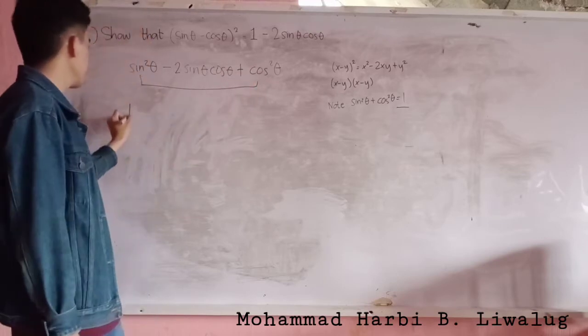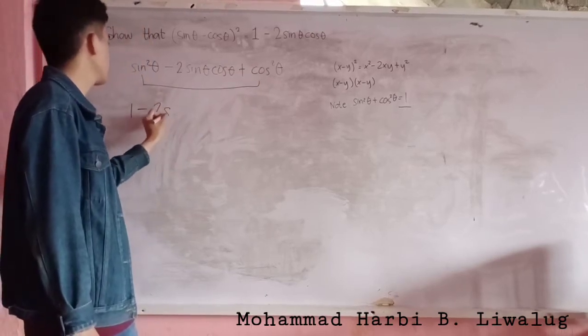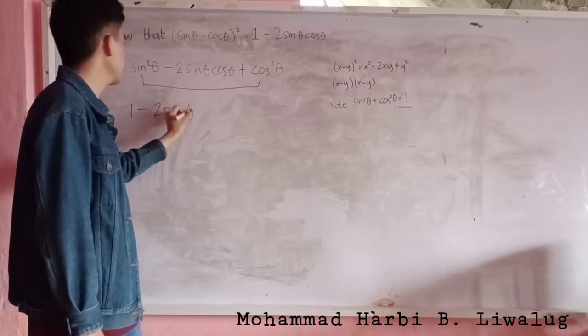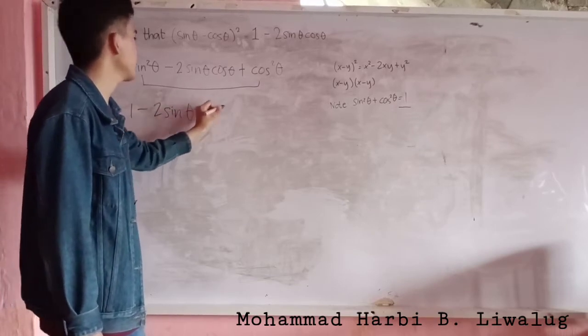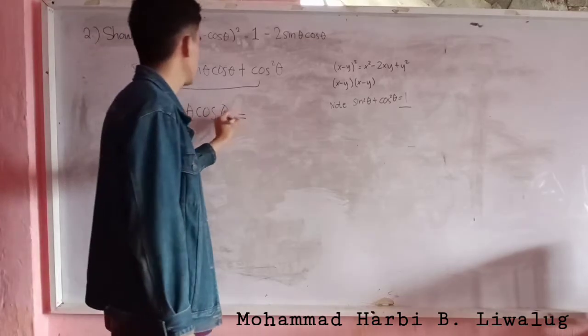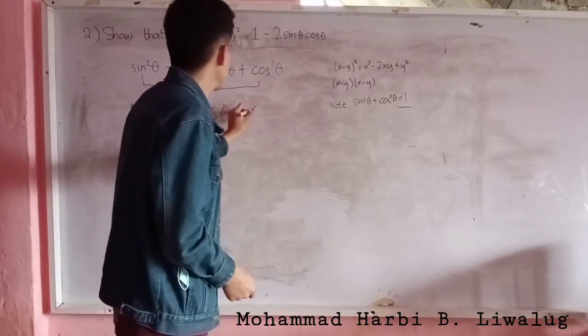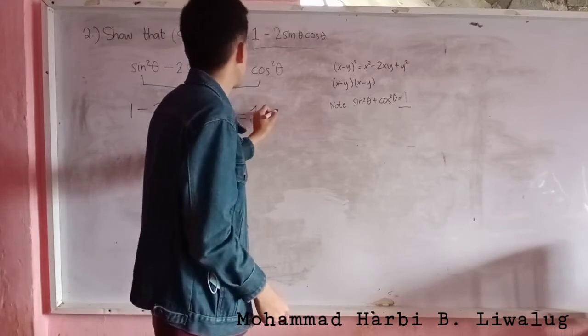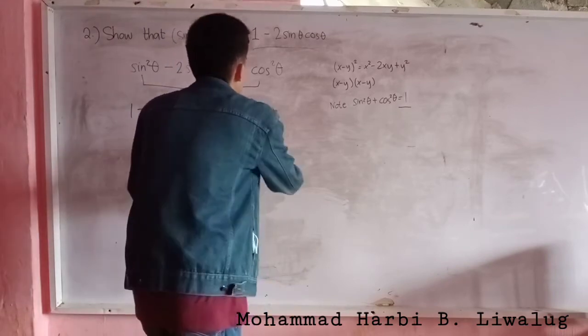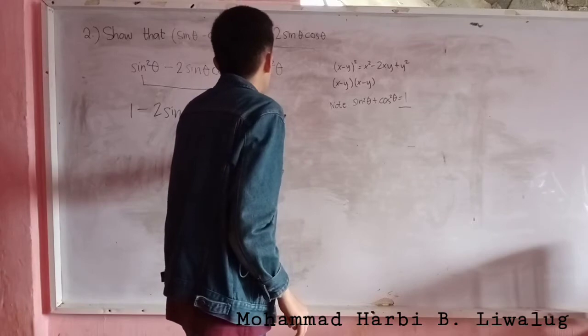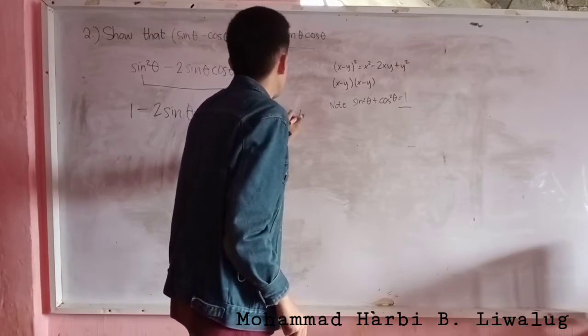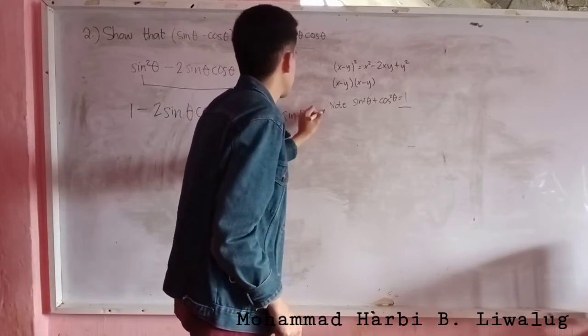Okay? So, magiging 1 minus 2 sin theta cosine theta is equal to ito, yung sa right side: 1 minus 2 sin theta times cosine theta.